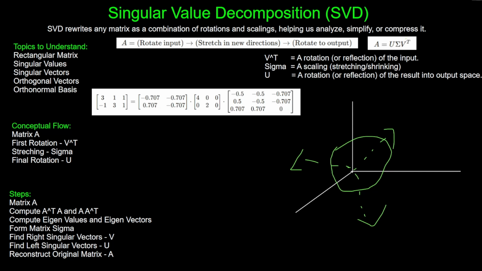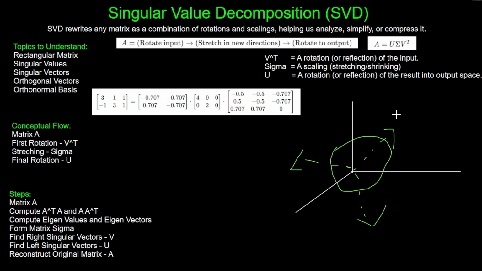Why do we take the transpose? If we take the transpose, just the shape gets oriented differently, but the axis remains the same. But if we didn't do the transpose, the standard basis itself would get reoriented. That's the importance of the transpose here.